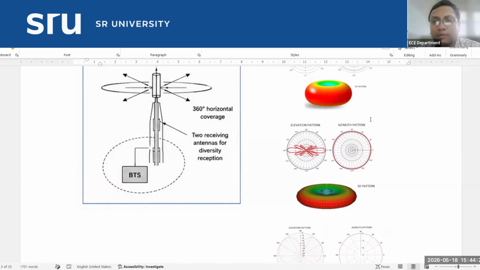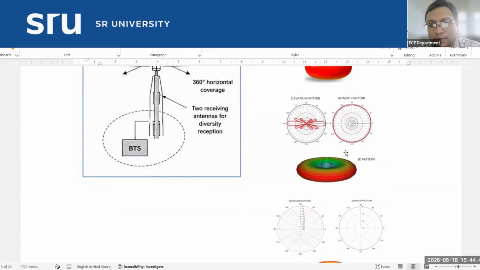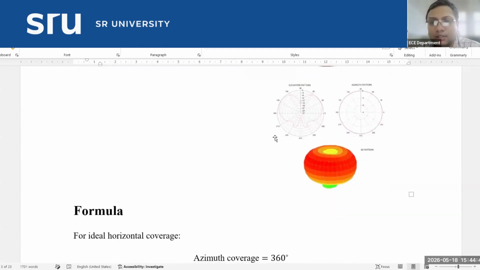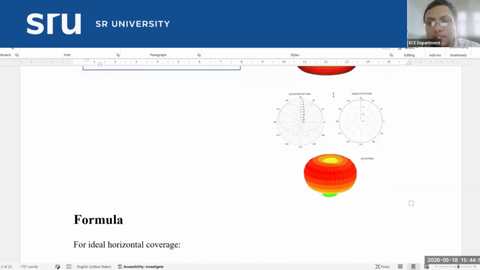So from a thick donut shape, you know that omnidirectional means the donut shape, it becomes a thinner donut. Another shape that is mainly used is the umbrella pattern. Whatever you can see in this diagram, actually this is a reverse umbrella pattern.